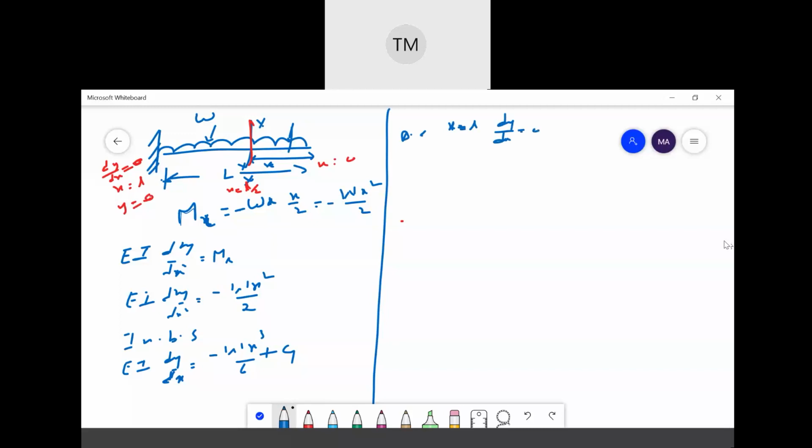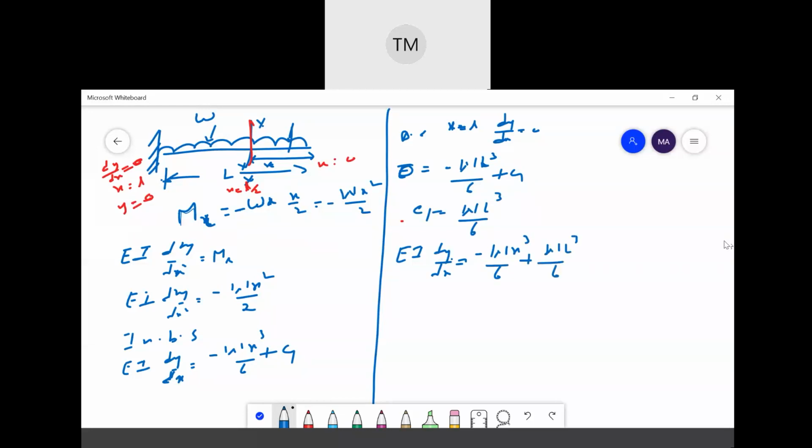Same procedure. So here you have 0 is equal to minus w L cube by 6 plus C1. Then C1 is equal to w L cube by 6. Substitute here: EI dy by dx is equal to minus w x cube by 6 plus w L cube by 6.